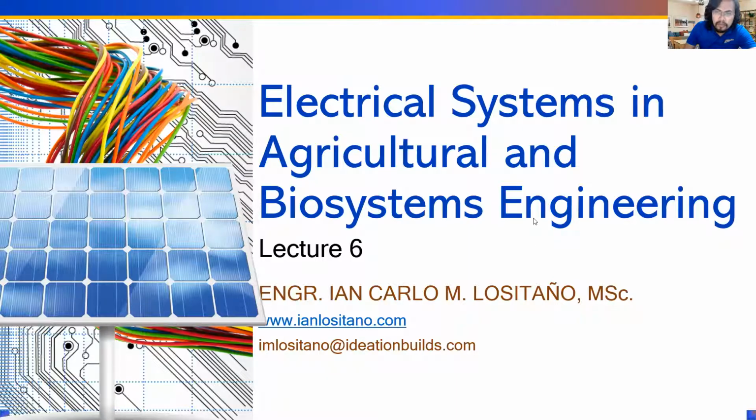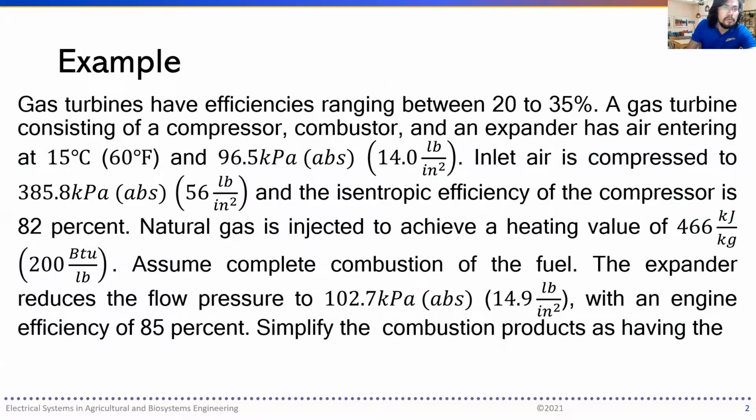So we have here a problem. We have a problem involving a gas turbine power plant, and it's known in literature that they have efficiencies ranging from 20 to 35%. This is the overall conversion efficiency.